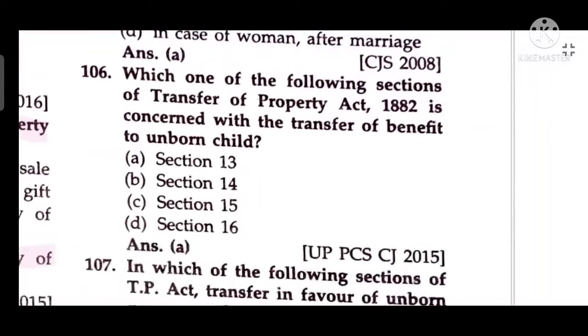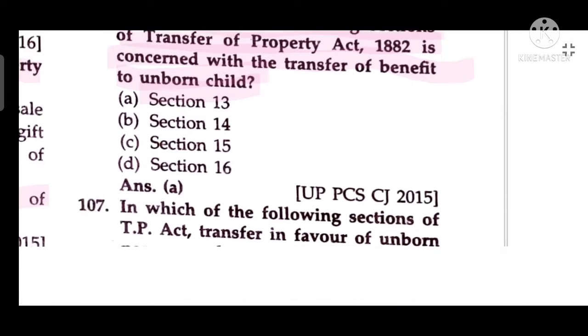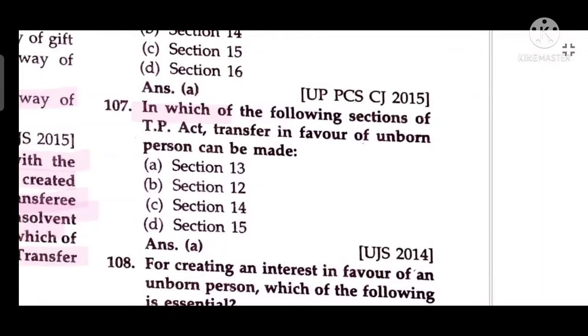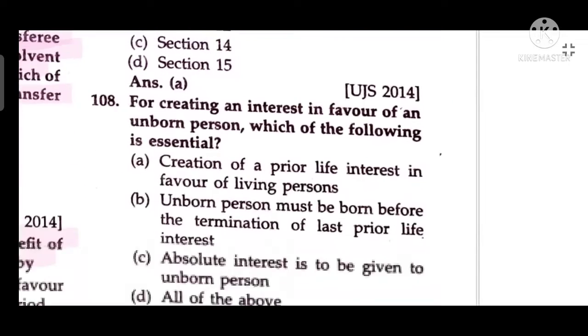Which one of the following sections of Transfer of Property Act 1882 is concerned with the transfer of benefit of unborn child? Section 13. In which one of the following sections of TP Act can transfer in favor of an unborn person be made? Section 13.